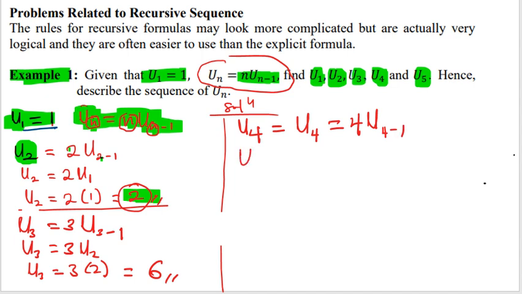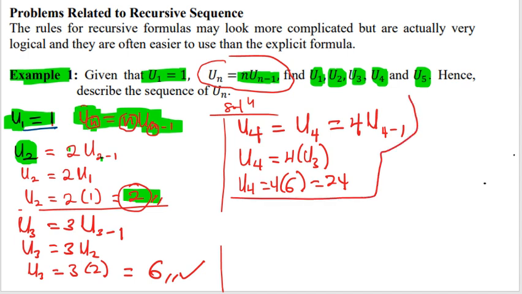Then I have u4 equal to 4 multiplying u3. But we know u3 to be 6. So we have u4 equal to 4 times 6, and that will give me 24. So that is u4.